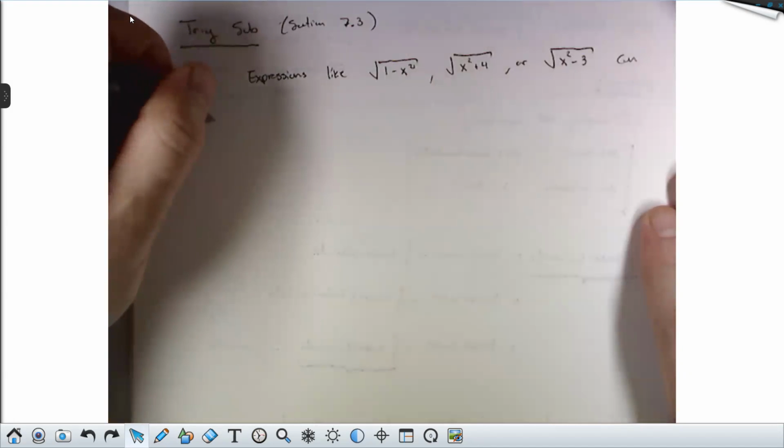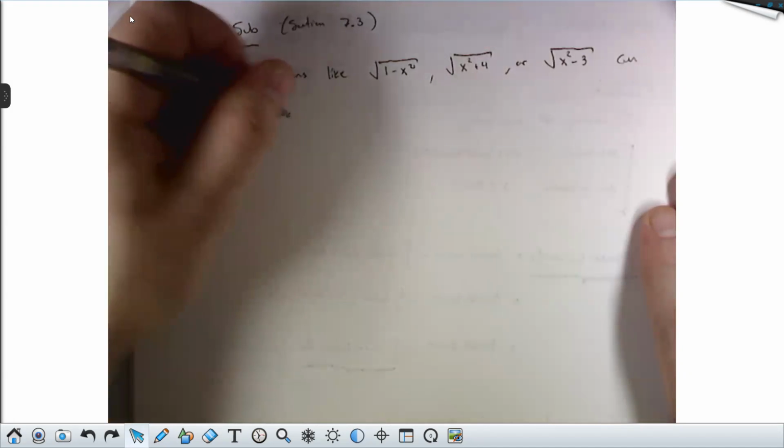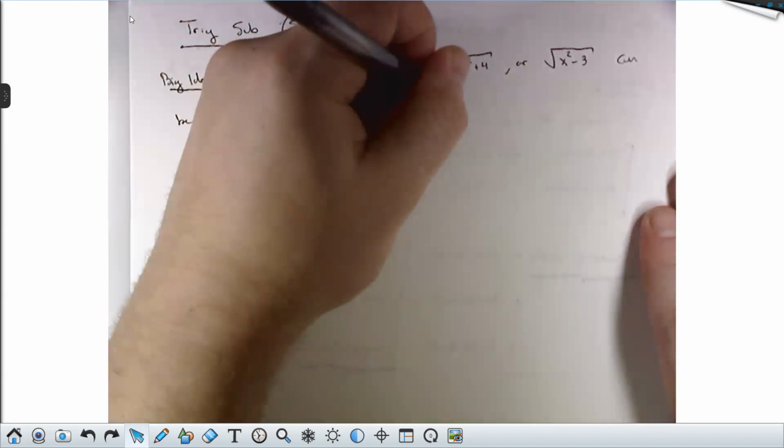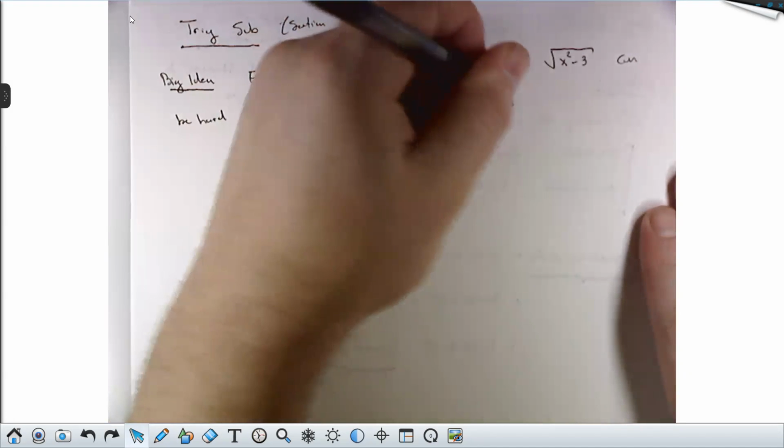The big idea is that expressions like the square root of 1 minus x squared, or the square root of x squared plus 4, or the square root of x squared minus 3, can be hard to work with, because the square root doesn't distribute.